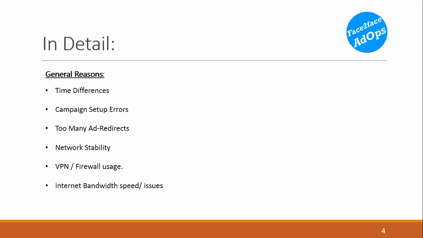Now when the reports are fetched, ad server 1 will fetch data as per the PST time interval, and ad server 2 will be fetching as per the GST time interval. So when you match the numbers, you will be seeing numbers, but those numbers are not exactly the same. There will be a difference of around 1 hour, 2 hours, 3 hours. It depends on the difference between the time zones which have been set.